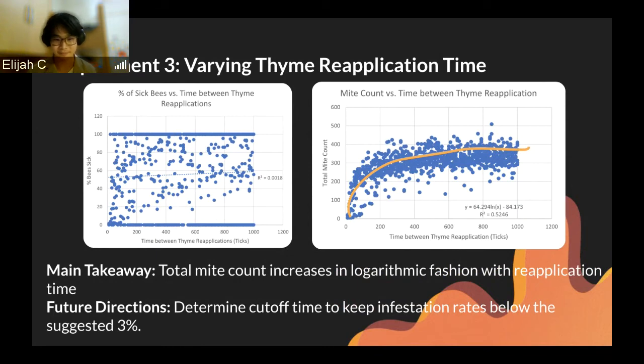So one of the future directions we could take based off of this experiment is to further refine the model and use it to really find the cutoff time, which would keep infestation rates low, at least below the suggested 3% infestation rate according to source.